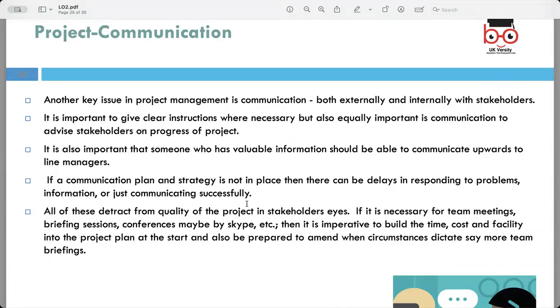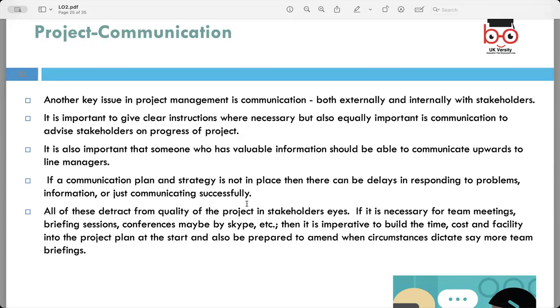Communication. A project can only be successful if the right information reaches the right people at the right time. You will need to communicate both internally within your team or to your tutor and externally to other stakeholders. So that includes giving clear instructions, sharing updates, and being able to listen and respond when someone raises concerns.